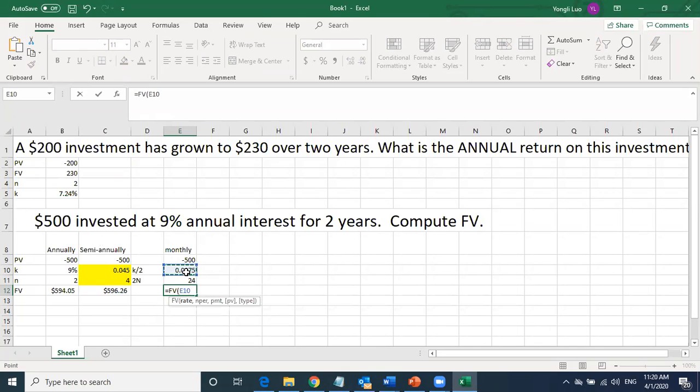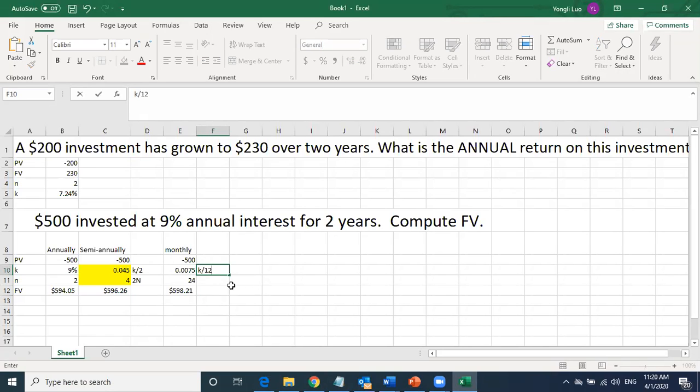The rate, the number of time periods, and payment to 0. And this is your present value. The future value will be 598. So we can see the rate is divided by 12.